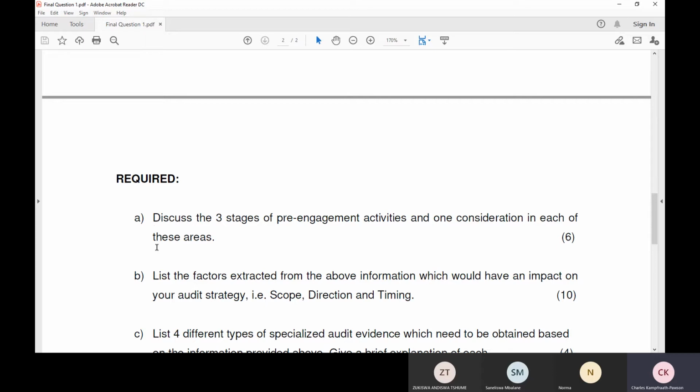Discuss the 3 stages of pre-engagement activities and 1 consideration in each of these areas. If you are done, you can just click on the hand function, and that'll give me an indication, or you can just unmute and say you are done.